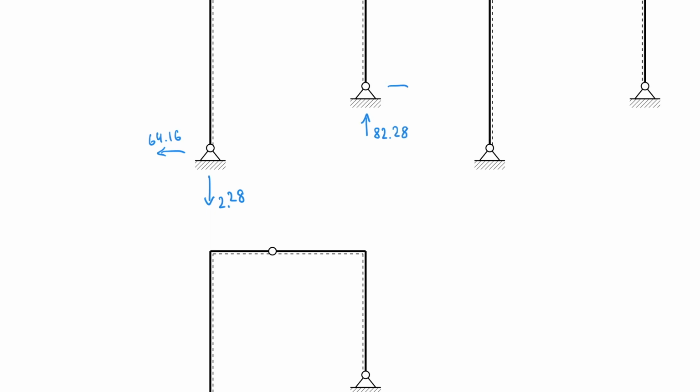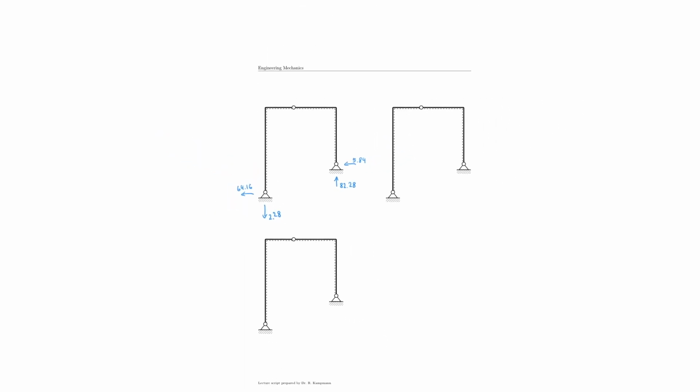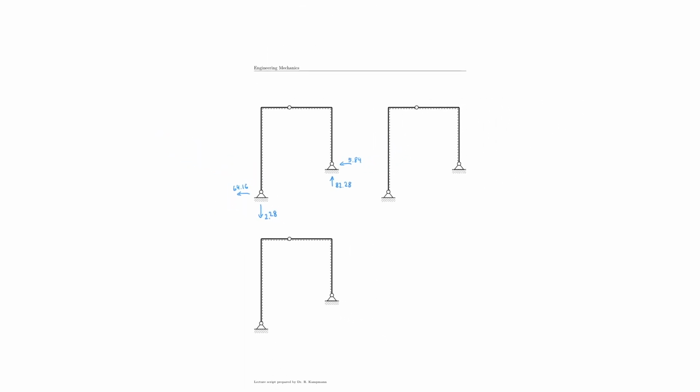And I have 5.84. And now I can go ahead and use that information to draw my system or to draw my internal force diagrams. So let's agree that I will start with my normal force diagram here on the side, on the top left, and that is in kilonewton.